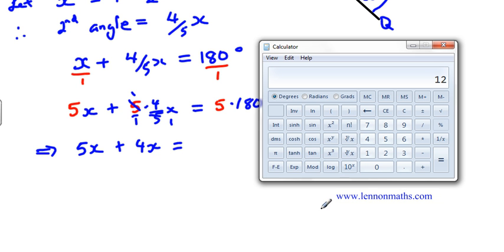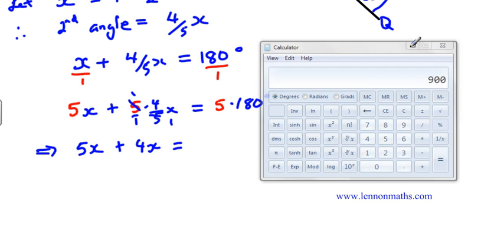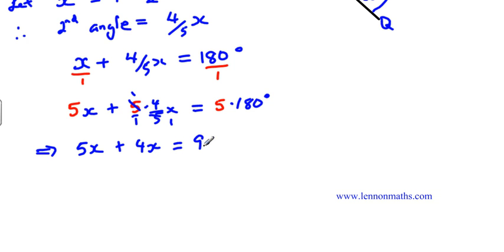We need to multiply 180 by 5. That's 900. So this will give us 900. And so what I'm going to have there, 9x is equal to 900.